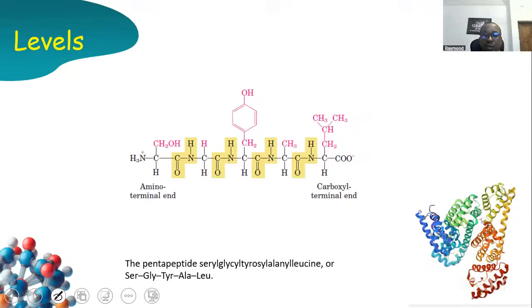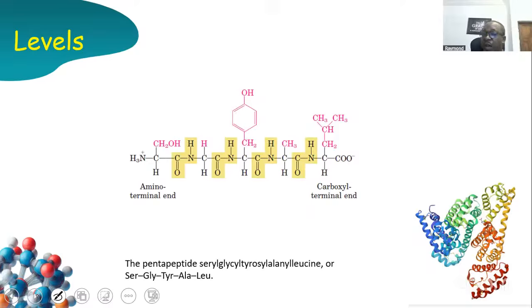The first one is serine. The second one is glycine. The third one is tyrosine. The fourth one is alanine. And the fifth one is leucine.